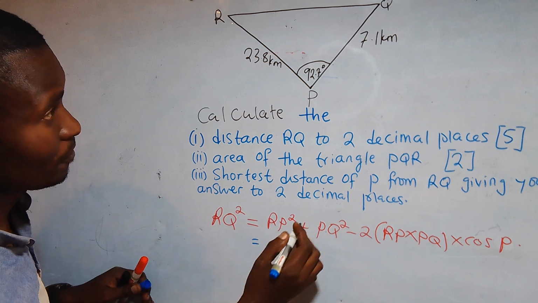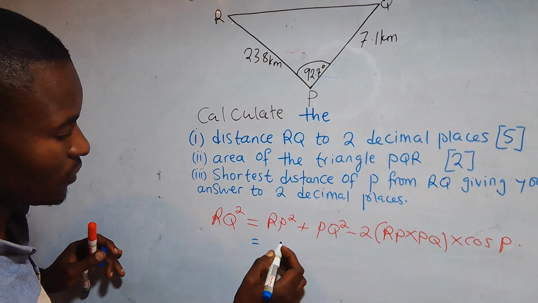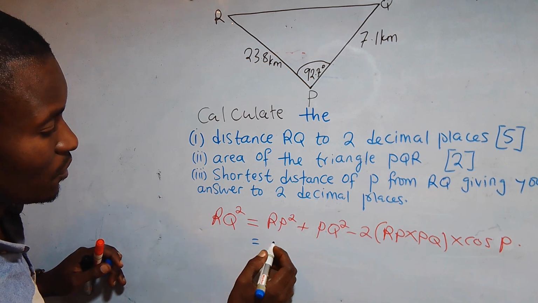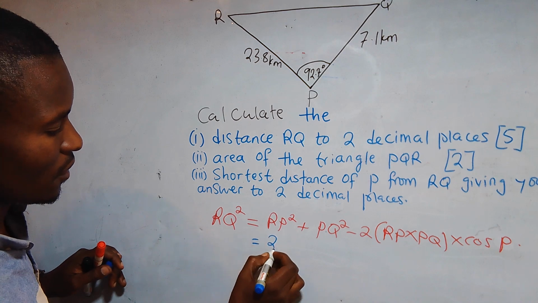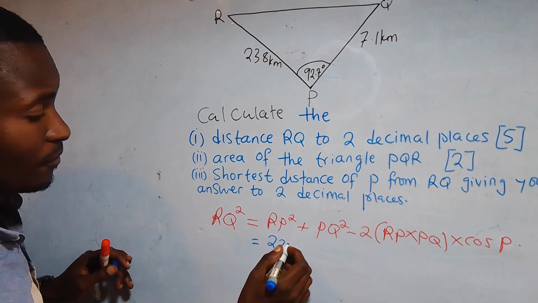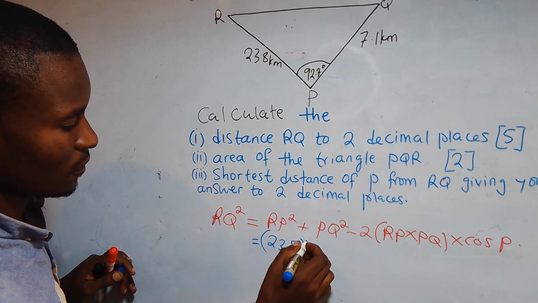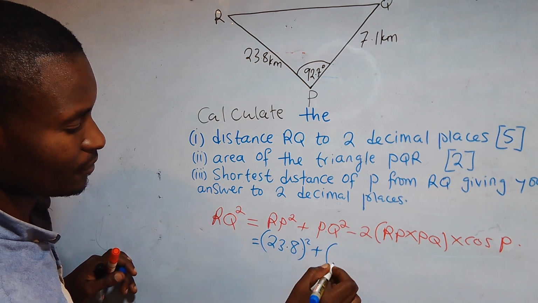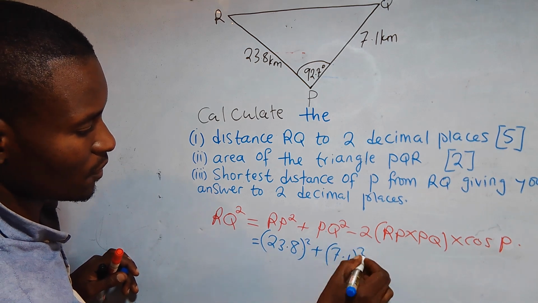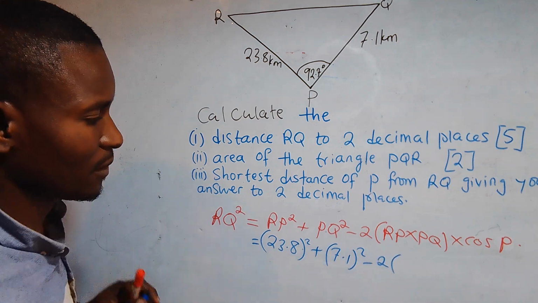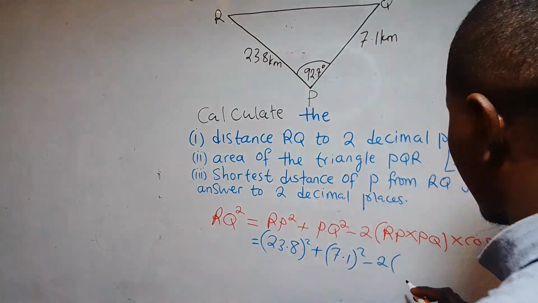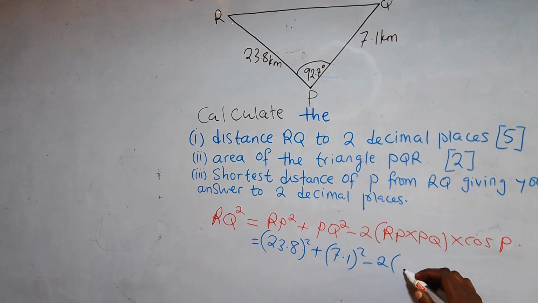So once you do the substitution, this is 23.8 squared plus 7.1 squared minus this, multiplied by again.